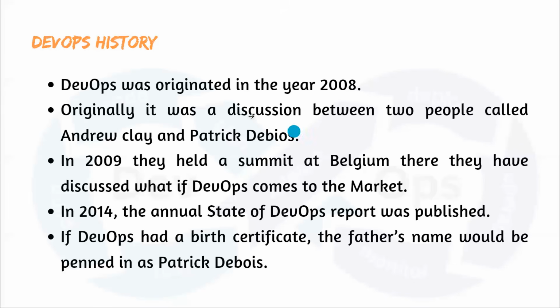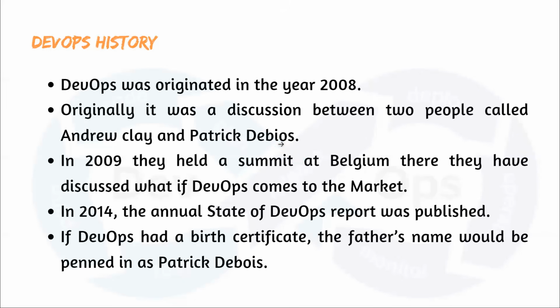Okay, fine. Sir, how did DevOps originate? That means, who invented DevOps? DevOps was invented by no single human. Basically, it was a small idea. There are two people called Andrew Clay Shafer and Patrick Debois. These are two friends. They thought, what if DevOps comes into the market?